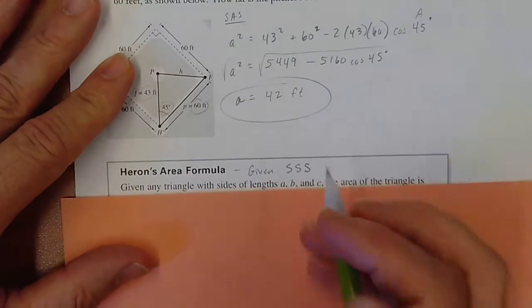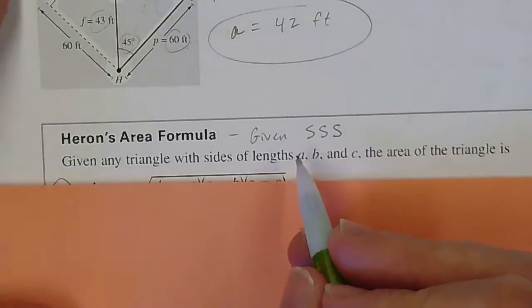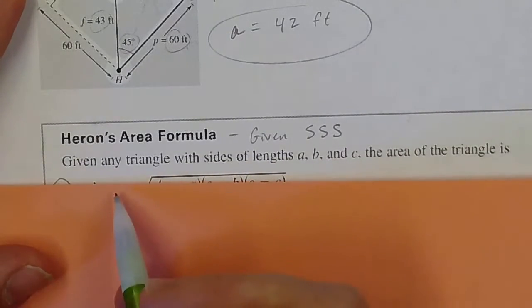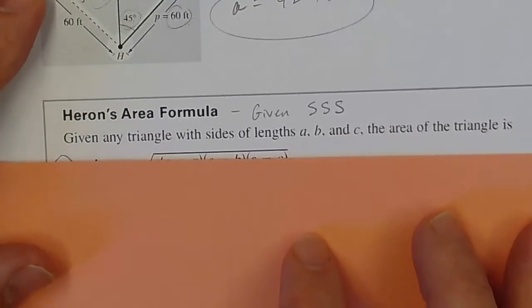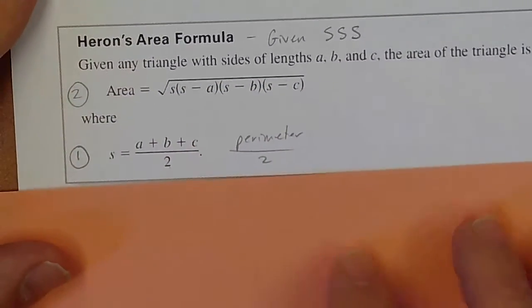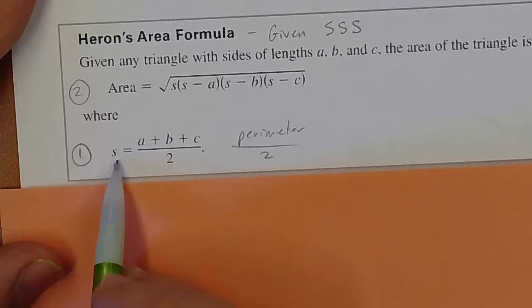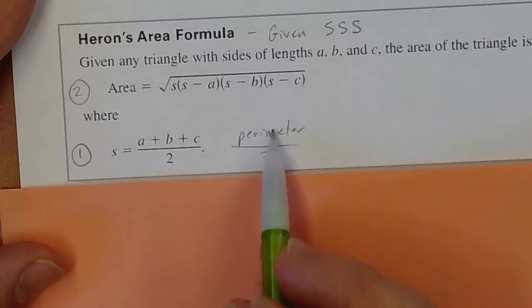Okay, they didn't put the condition here, but anytime you're given all three sides of the triangle, there's an area formula to find this. This is really the first step in the process. That's why I put number 1 over here, kind of like your success criteria. First step, find the perimeter divided by 2.